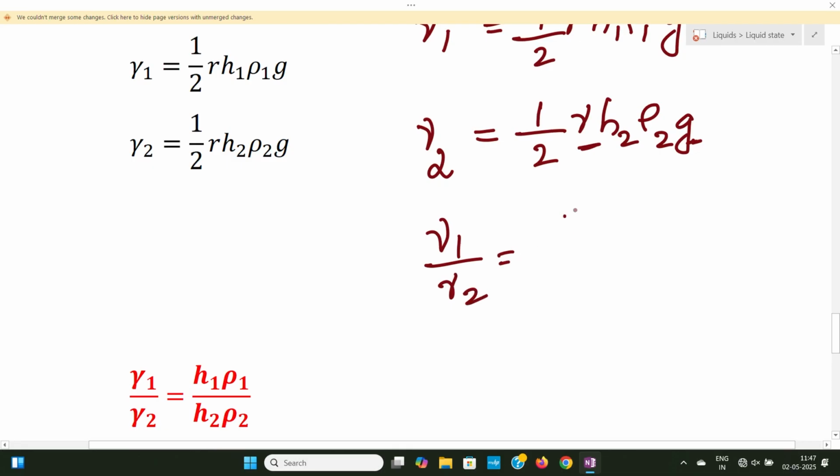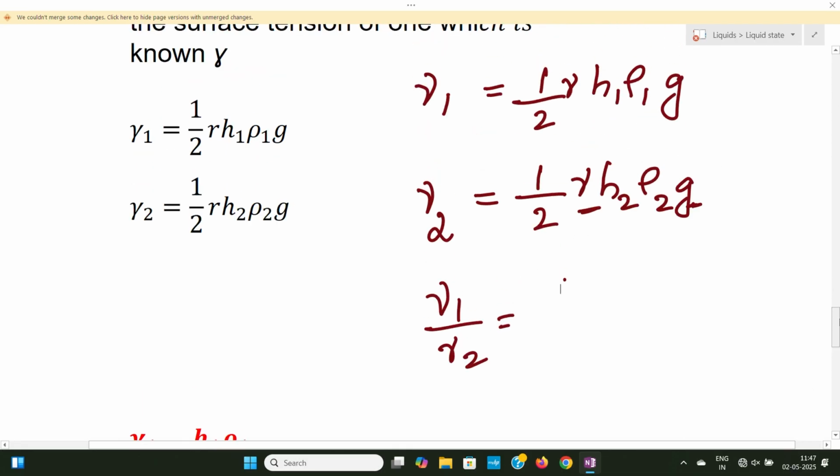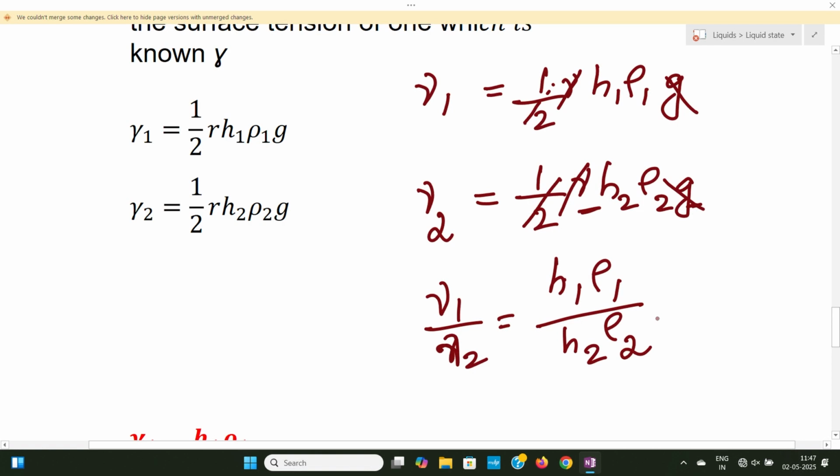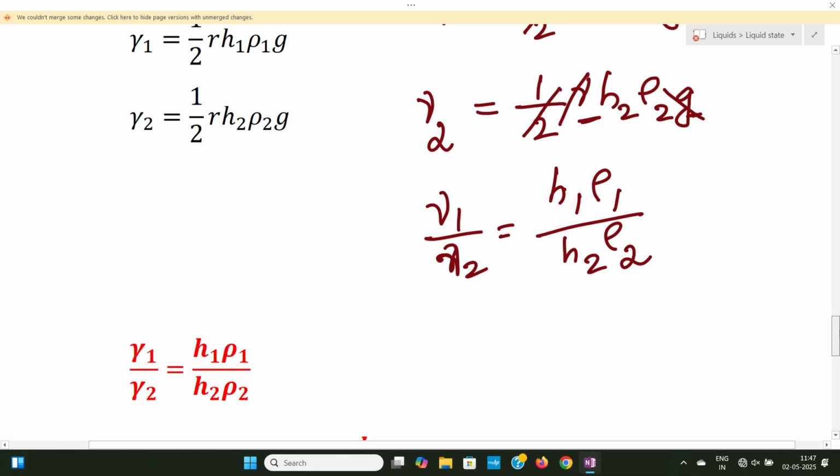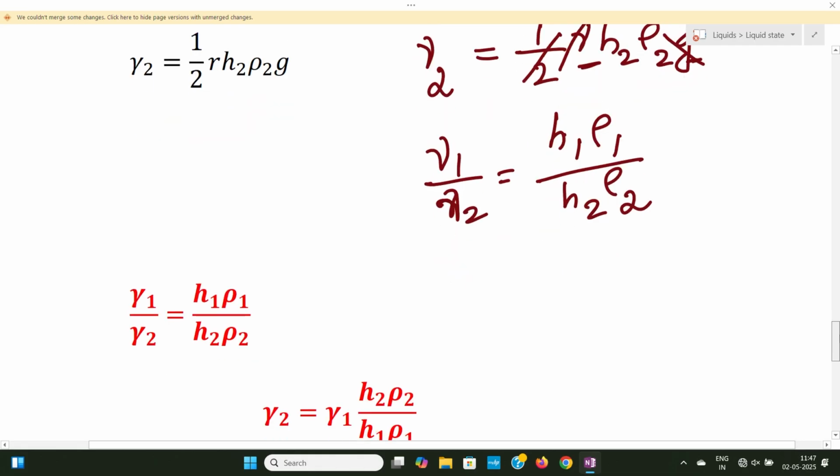The similar terms we can cancel. The 1 by 2 gets cancelled, r and r cancel, g and g cancel, then gamma 1 by gamma 2 is equal to h1 rho 1 divided by h2 rho 2.